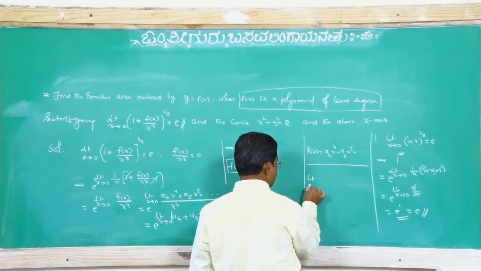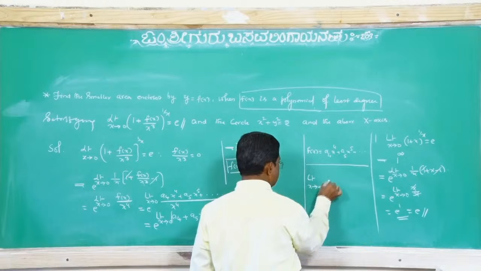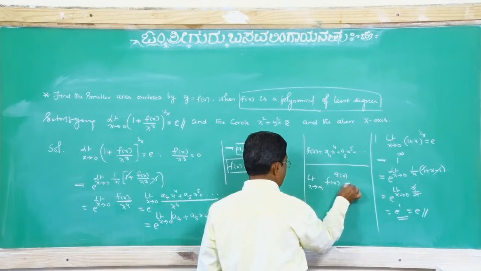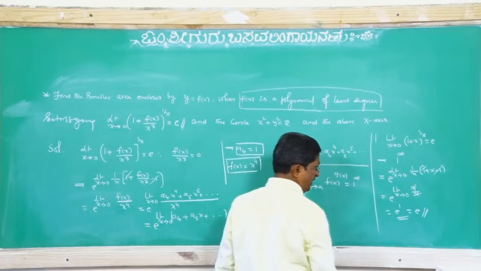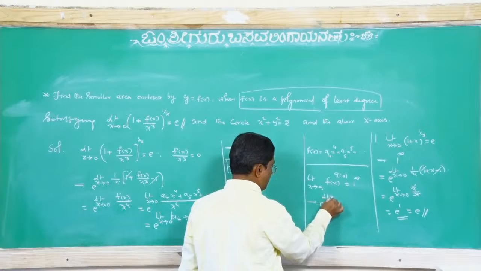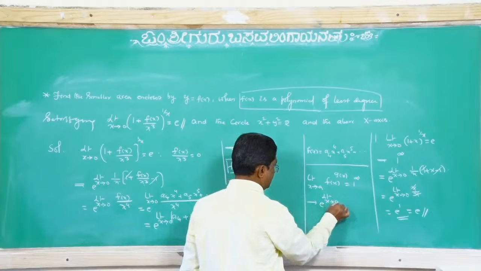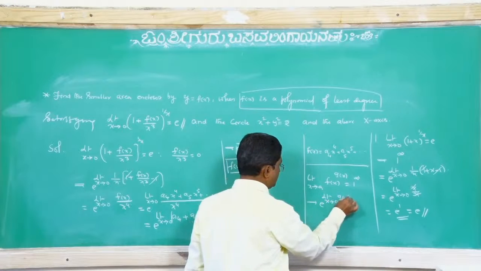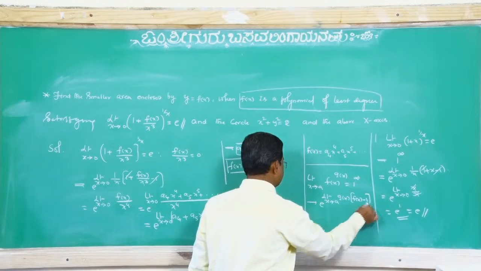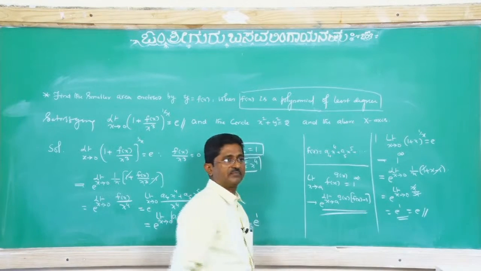Limit as x tends to a of f of x power g of x, if it is 1 to the power of infinity form, then to make the formula, e to the power of limit as x tends to a of g of x into f of x minus 1. This is our standard formula.